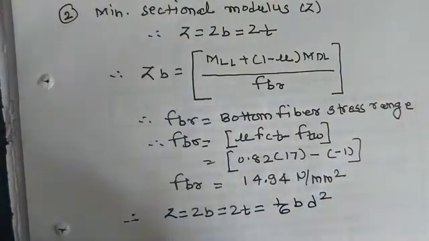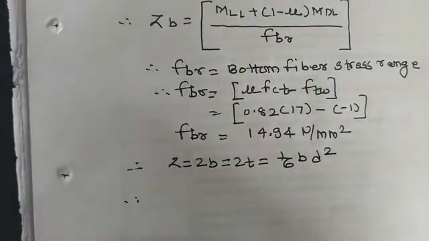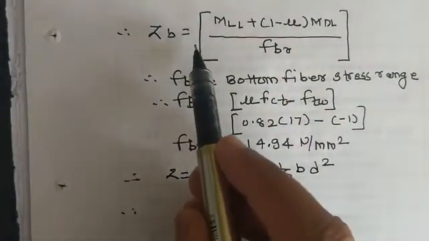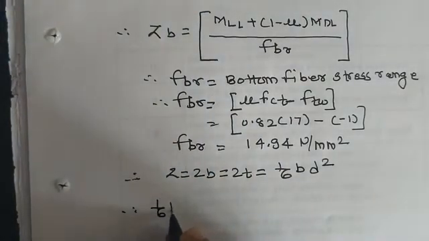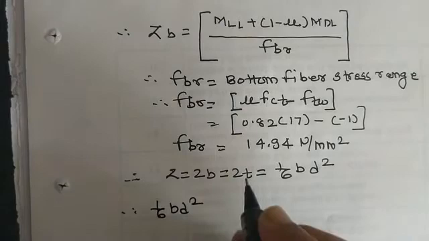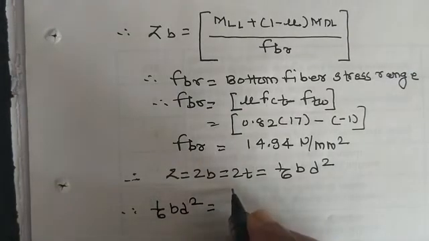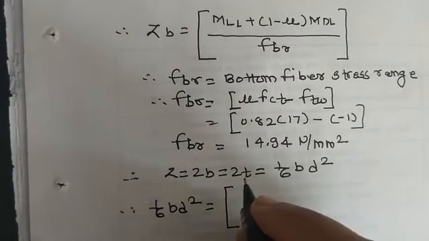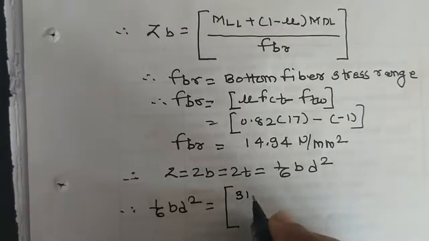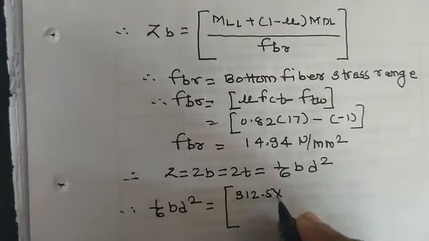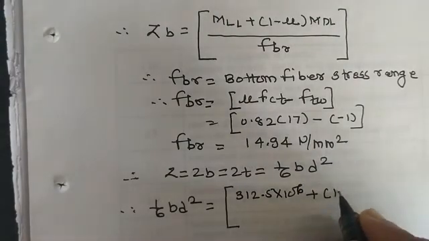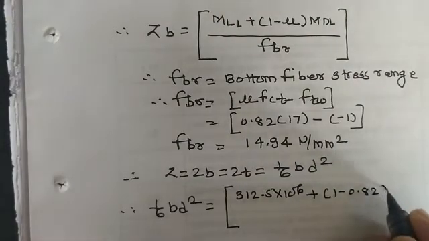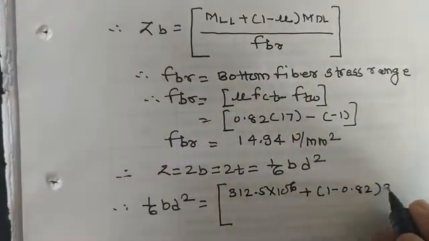So putting this in the formula, 1/6 BD square is the Z. We know the bending moment due to live load is 312.5 into 10 raised to 6, plus 1 minus mu, 0.82, times bending moment due to dead load, which is 300 BD.